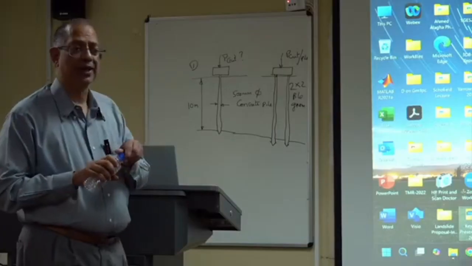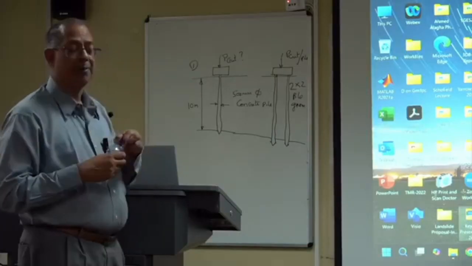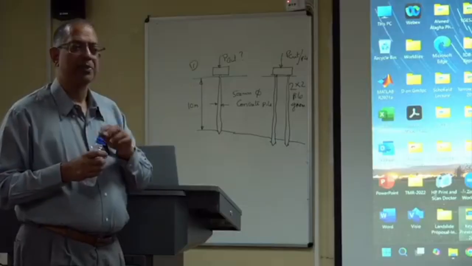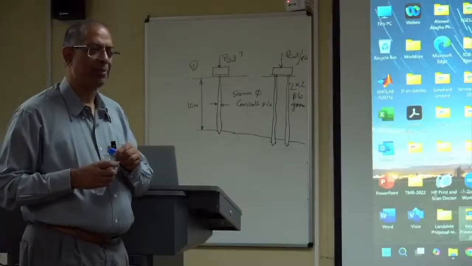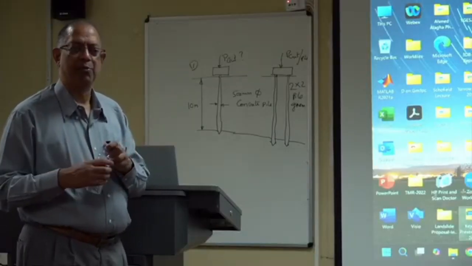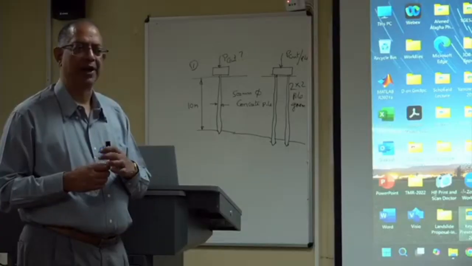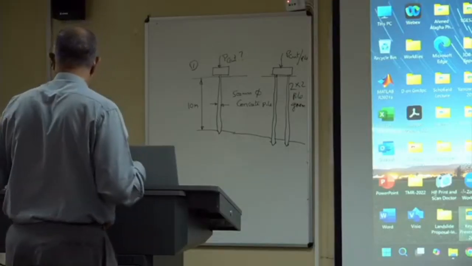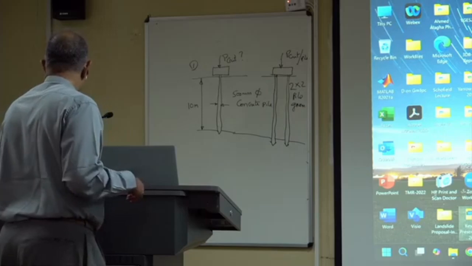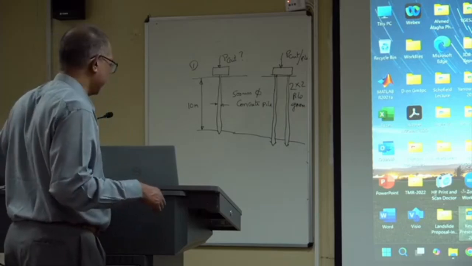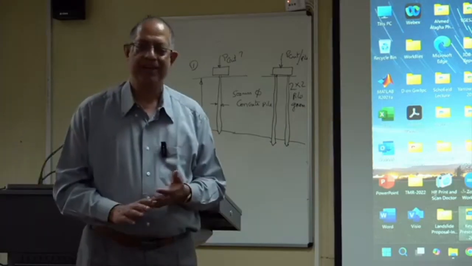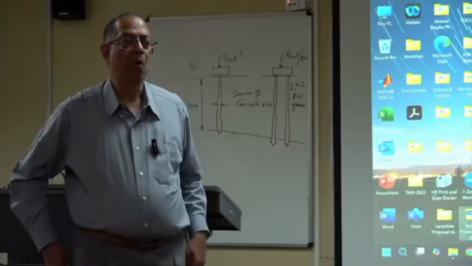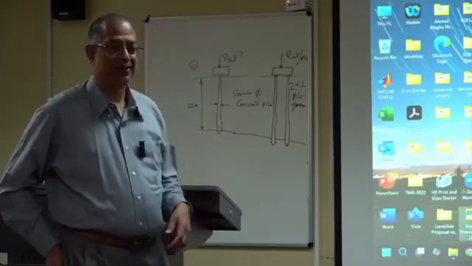What you want to work out is, for the pile group and the single pile, what is the peak load per pile, and explain why, if they're different. Work those out and show it to me tomorrow. Otherwise, I won't be pleased.